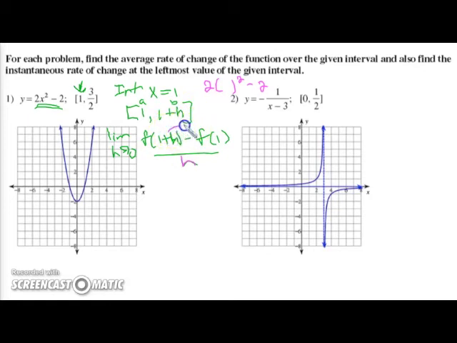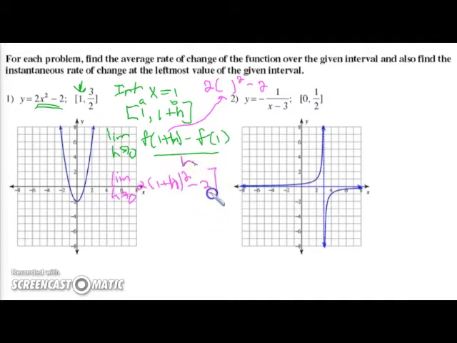So I'm going to take this and plug it into my function. Wherever x is, you're going to plug in 1 plus h into your function. So when I do that, this is actually the limit as h goes to 0 of 2 times (1 plus h) squared minus 2.